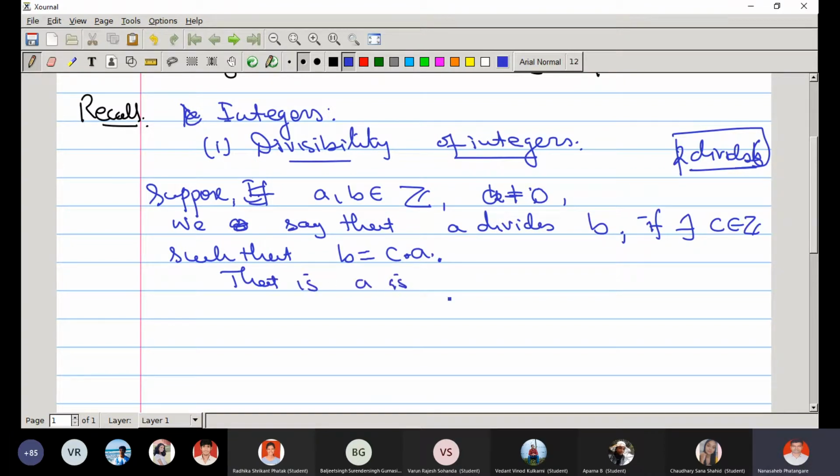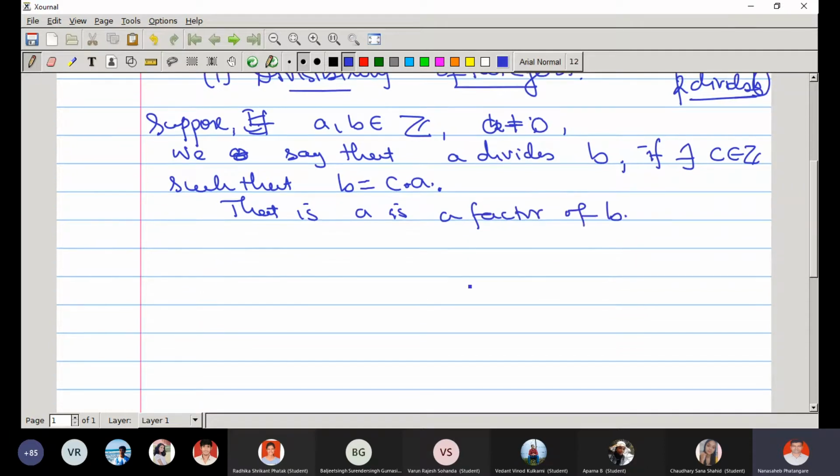Otherwise we cannot say a divides b. For example, 2 divides 6 because 6 is 2 times 3.